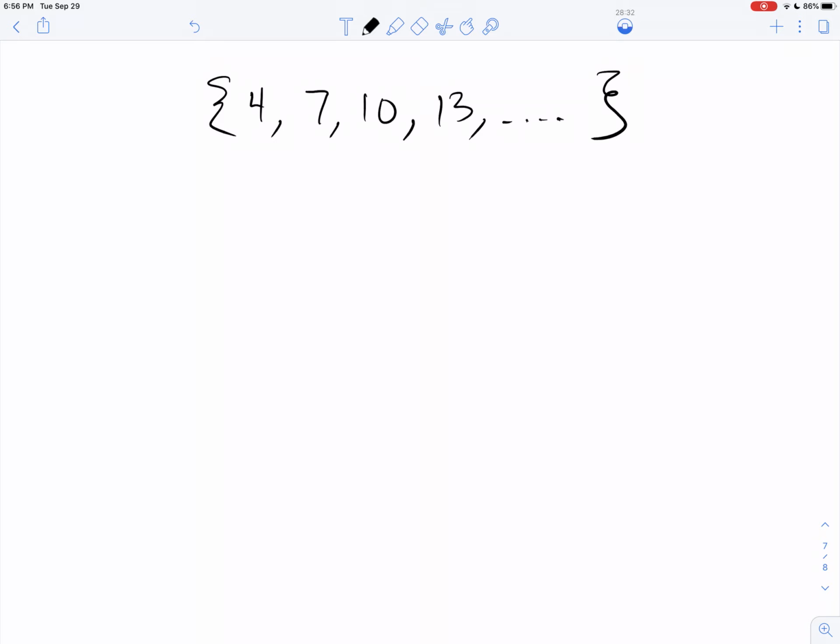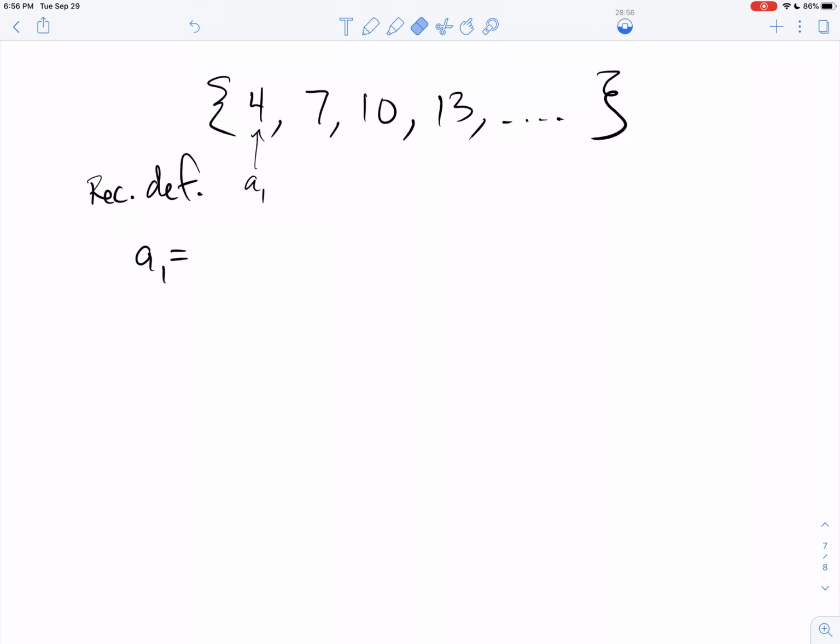Then I'm going to have you practice some skills. I'm going to say, hey, based on that list, can you write me a recursive definition? Well, how do I do it? Well, I go a1 equals first term. Well, what is the first term? It's 4. So they don't want me to write the words first term.